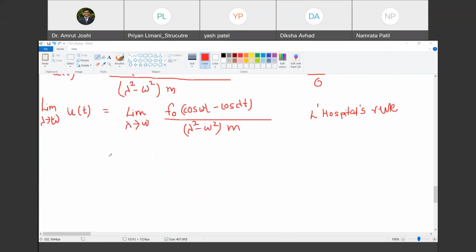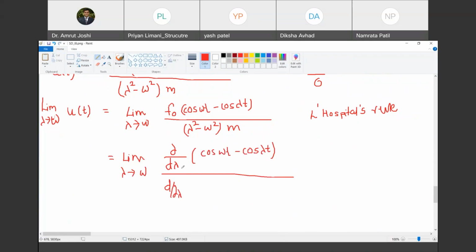So what I am going to do, this is equal to limit as lambda tends to omega d by d lambda of cos omega t minus cos lambda t. Are you with me? Divided by d by d lambda. Mind you, this differentiation is not with reference to time because the limit is not with reference to time.